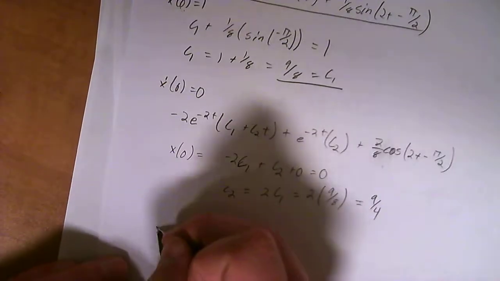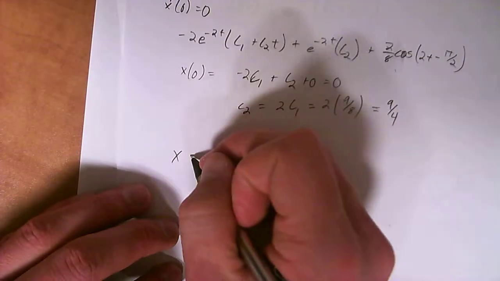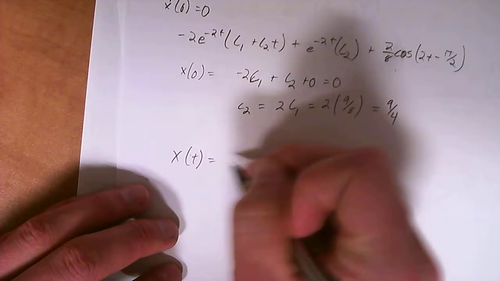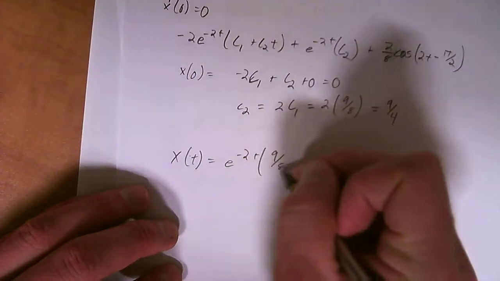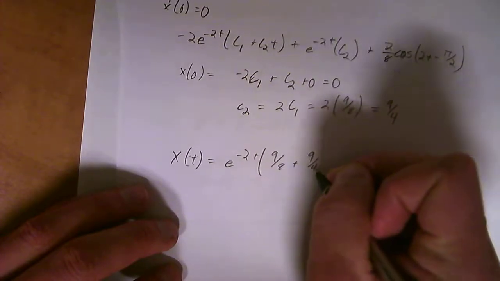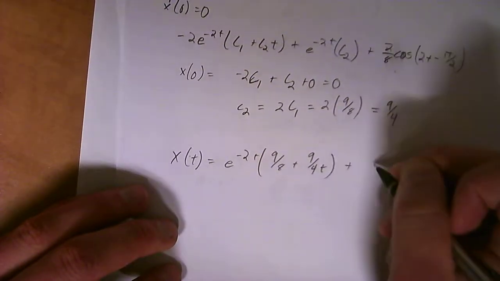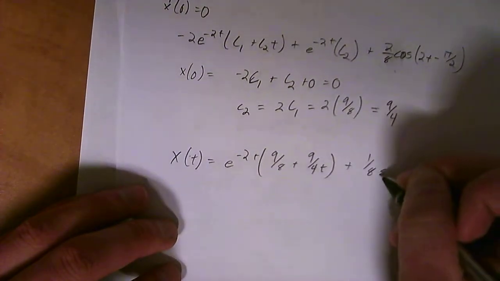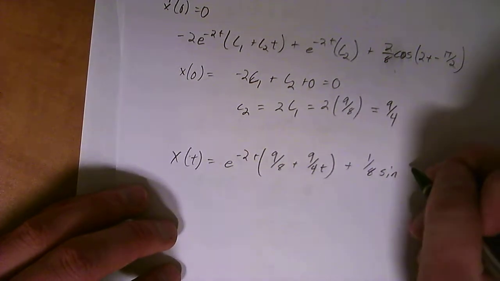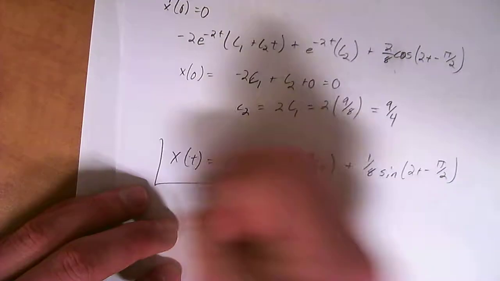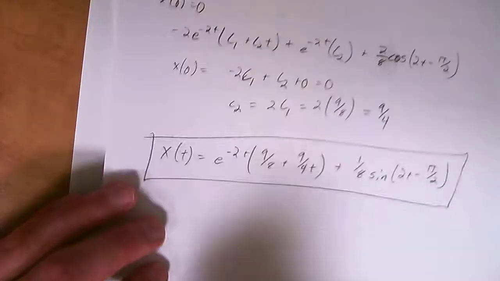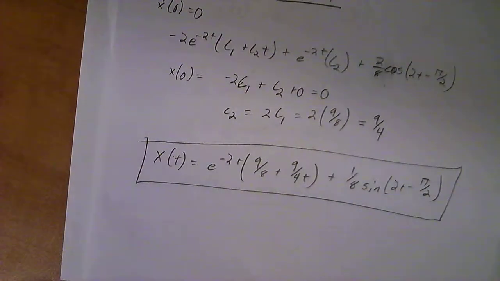So then your final solution is x of t equal to e to the negative 2t of (9 over 8 plus 9 over 4 t) plus 1/8 sine of (2t minus pi over 2).